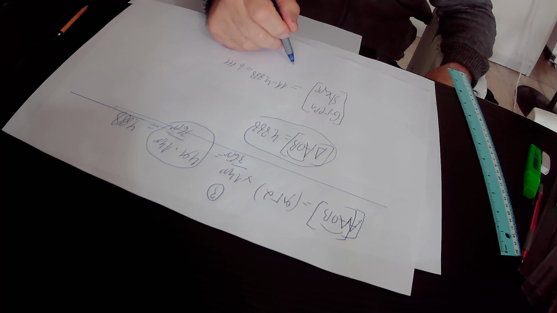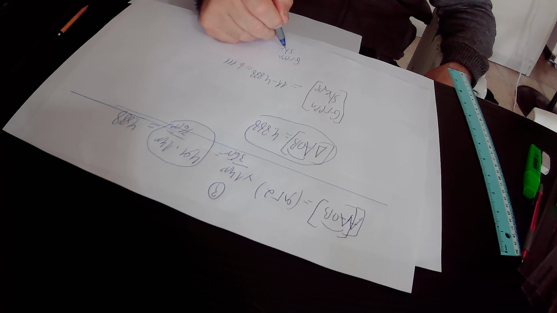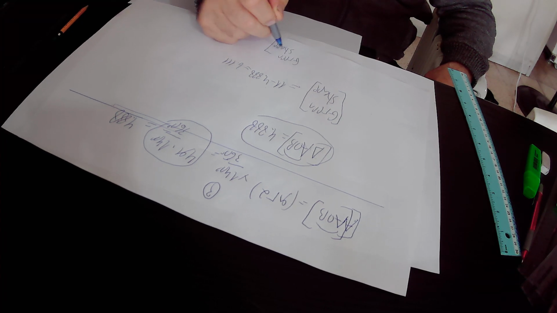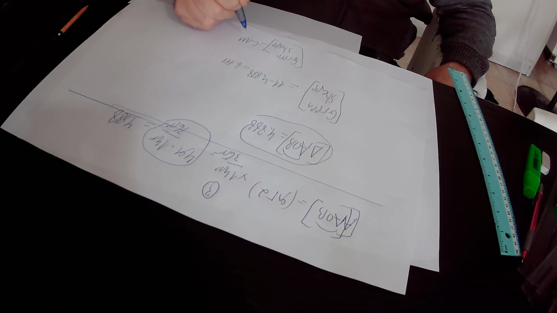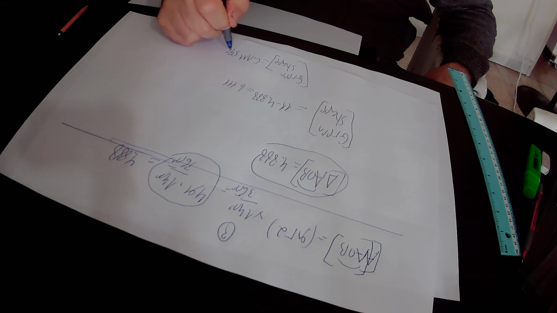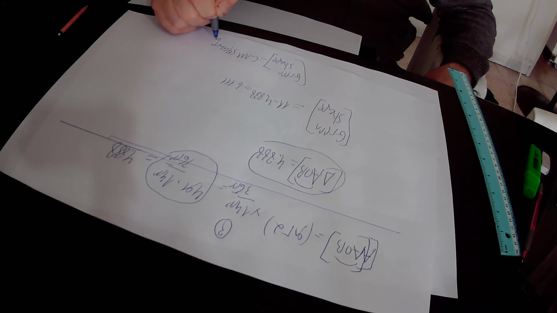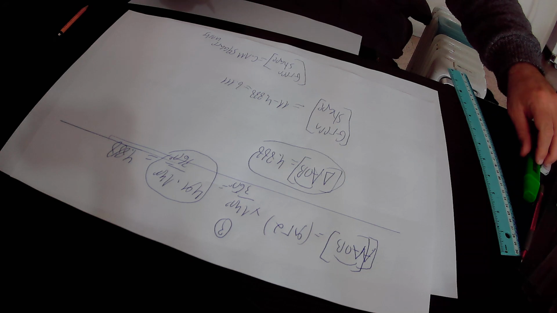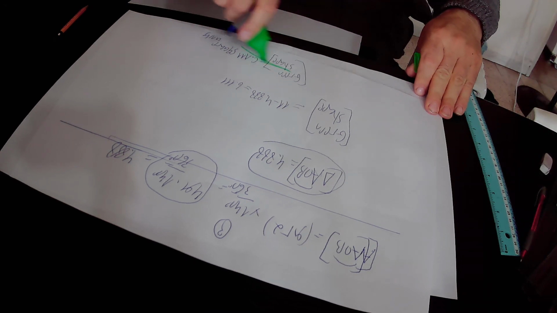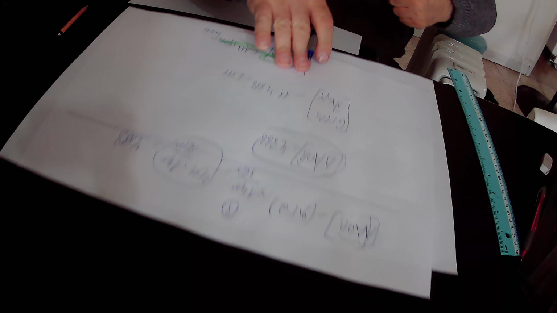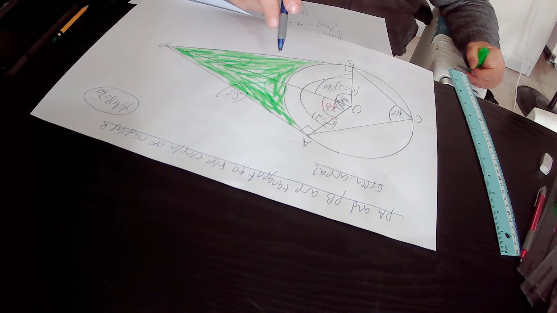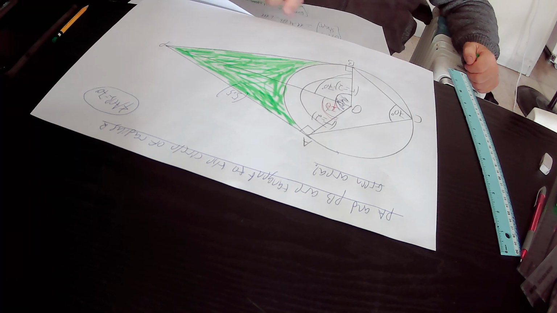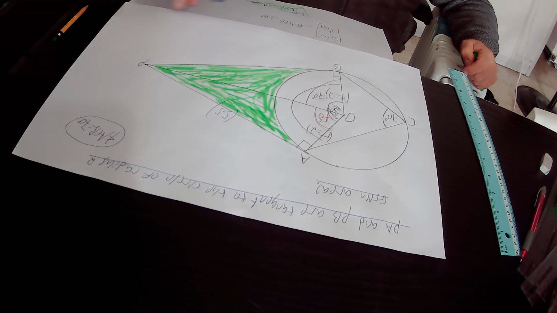In conclusion, the area of the green shape in total is equal to 6.111 square units. Repeat again, the area of this green shape is equal to 6.111 square units. Okay, so in the next step I will summarize the lecture.